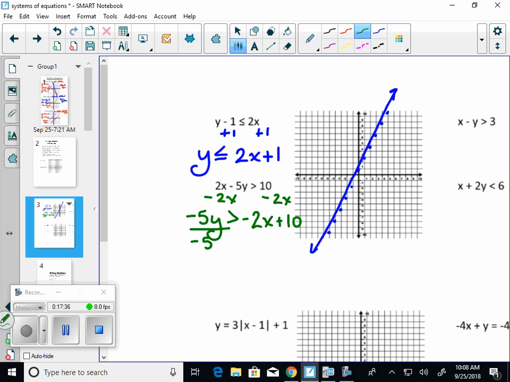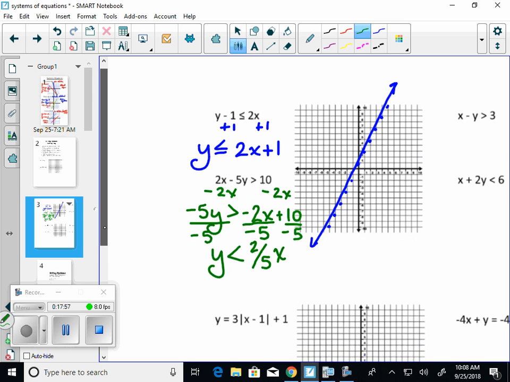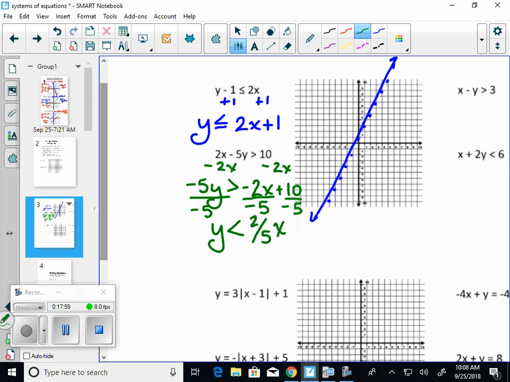Do you remember what happens when you divide by a negative? Yeah, that symbol's going to flip. So I'm going to have y is less than 2/5 x. That's a slope. I want to keep it in a fraction form so I know my rise and my run. And I've got negative divided by negative, so it's positive.